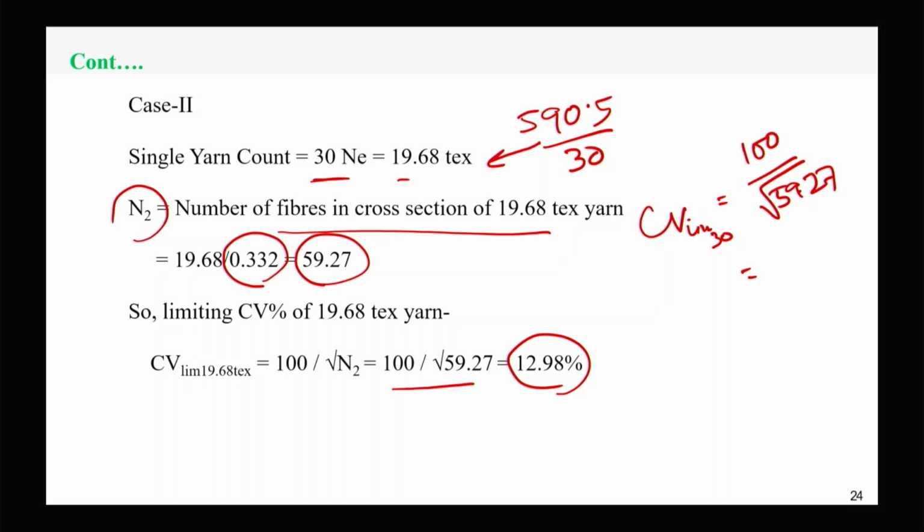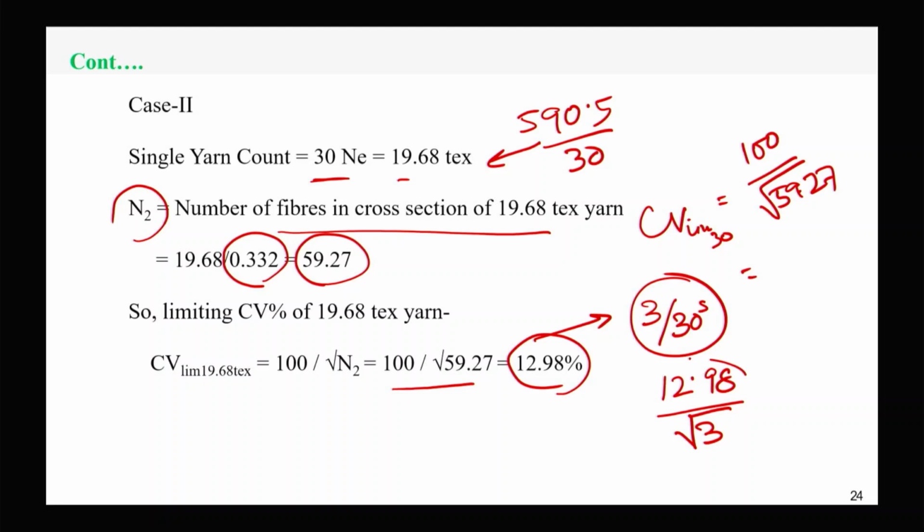Now the question is that we have to calculate the CV of 3 by 30s. 3 by 30s means we have to ply. So the CV of plied yarn will become 12.98 divided by under root 3.